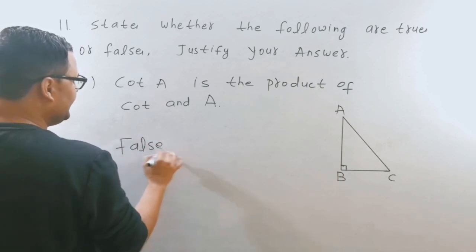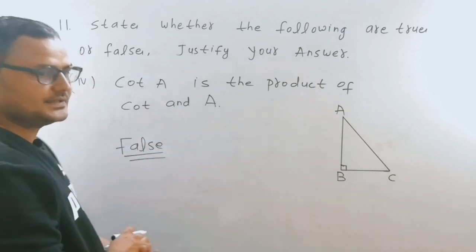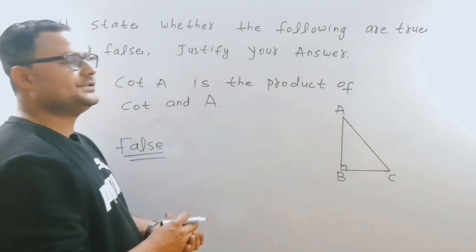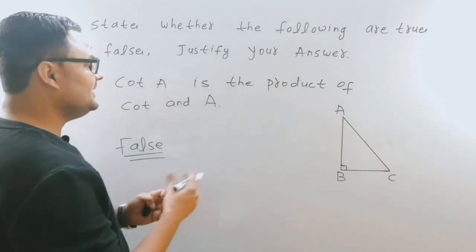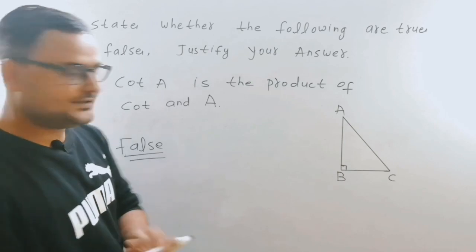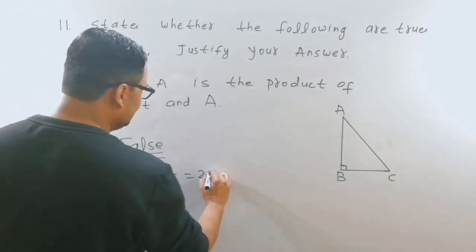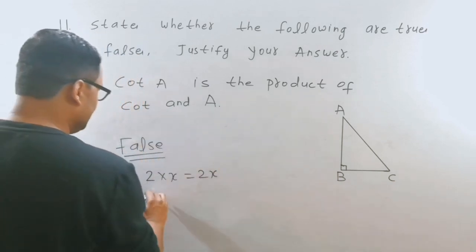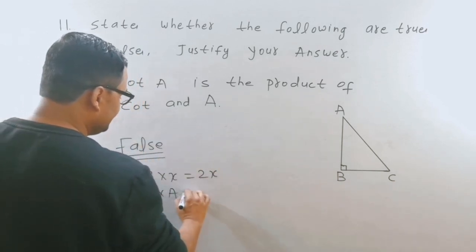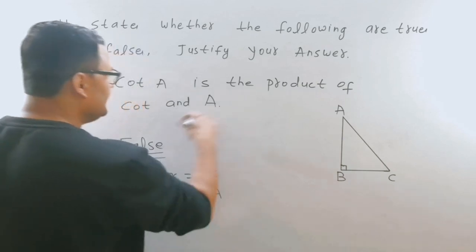11th's fourth one: cot A is the product of cot and A, and that is false. We are not doing linear equations or multiplication of algebraic expressions. In multiplication of algebraic expressions we have things like 2 into x equals 2x, and 4 into A equals 4A. We are doing trigonometry.